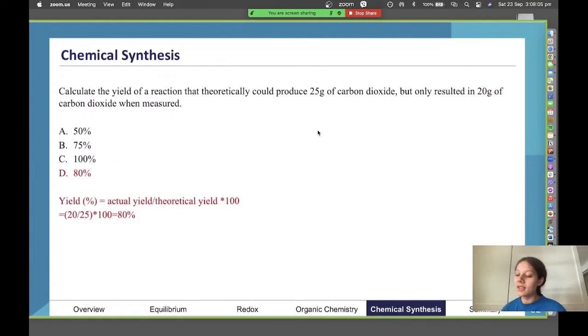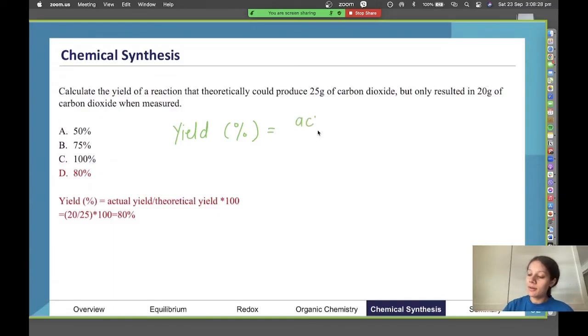If you want to calculate the yield of a reaction, so if we want to theoretically produce 25 grams of carbon dioxide, but we only actually got 20 grams. So the equation is that yield percent-wise. We have actual yield over theoretical yield, and then we multiply it by 100.